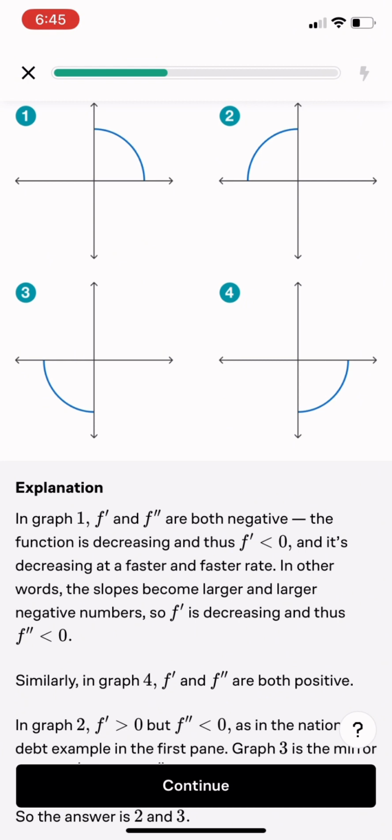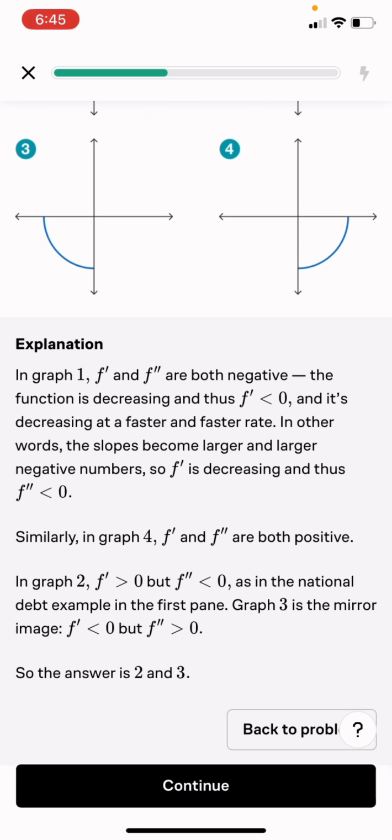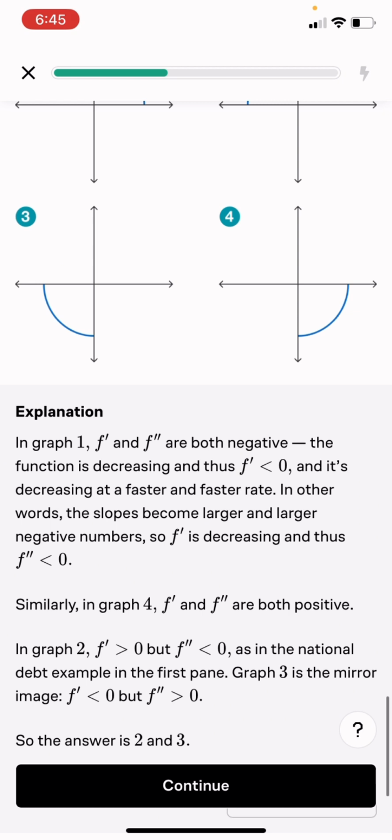Graph 2. Oh yeah, I could see that. Graph 3 is the mirror image. f prime is less than 0, but f prime prime is more than 0. Oh yeah, you could see. So the answer is 2 and 3.